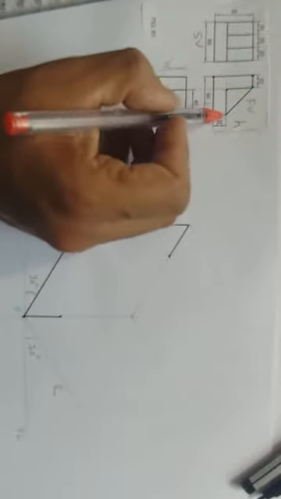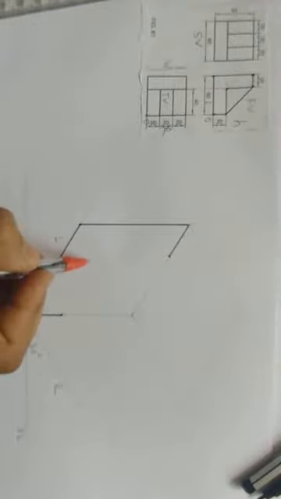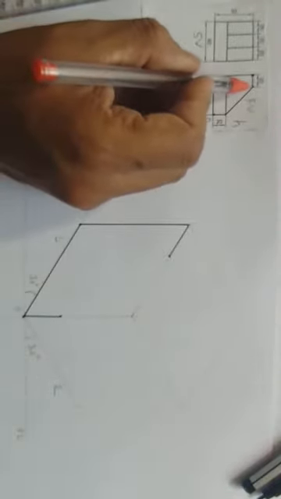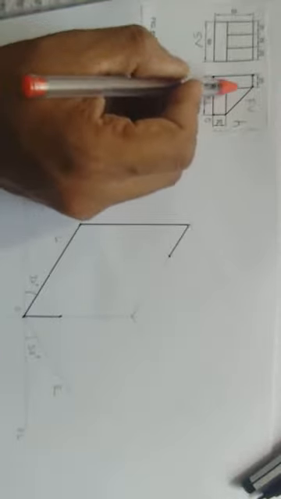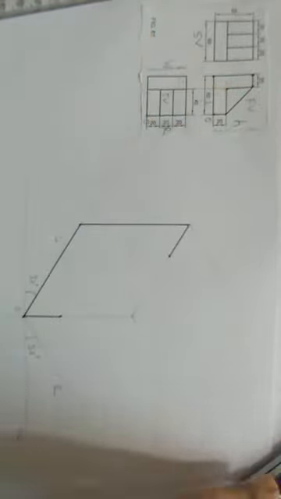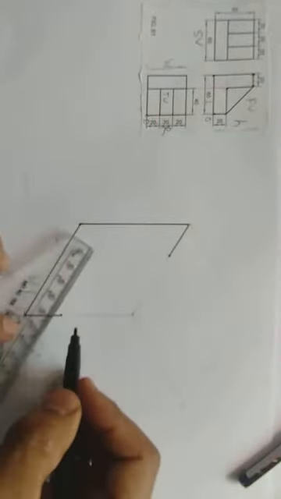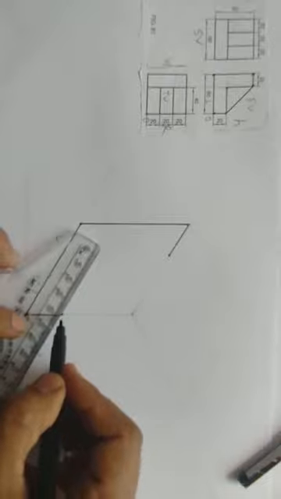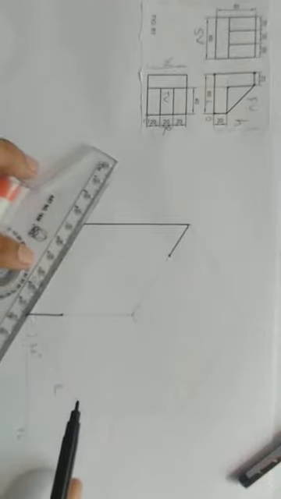So from this particular corner we need to move left side at a distance of 40, and from the topmost corner we need to move downward at a distance of 40. At the intersection of these two points we will get this corner. So I will just draw at a distance of 40. You have to adjust the drafter or the roller to this inclined line at an angle of 30 degrees.